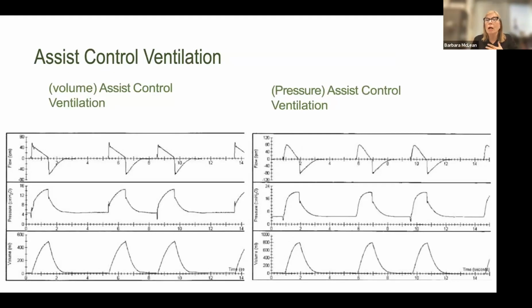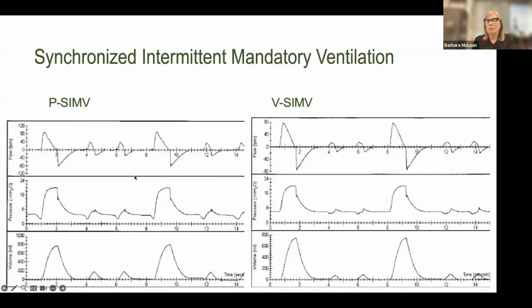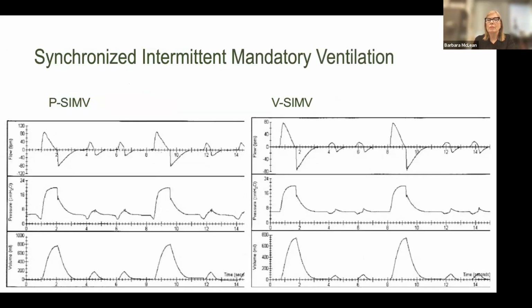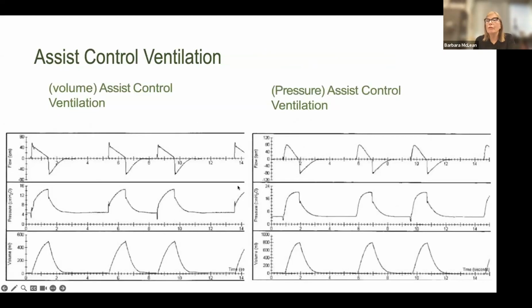So again, all I want you to be able to look at is, is every breath just like the other, or is it not just like the other? This is assist control. This is SIMV. And if I put my patient on a rate of 20 and he's not over-breathing the vent, but it says SIMV, every breath is going to look just like the other.